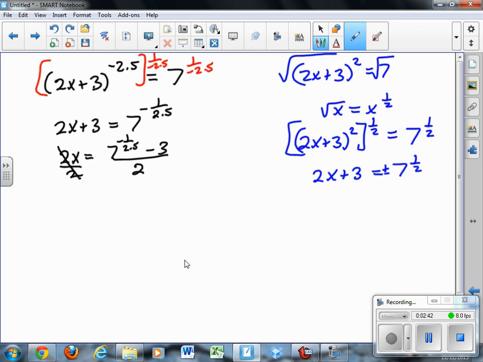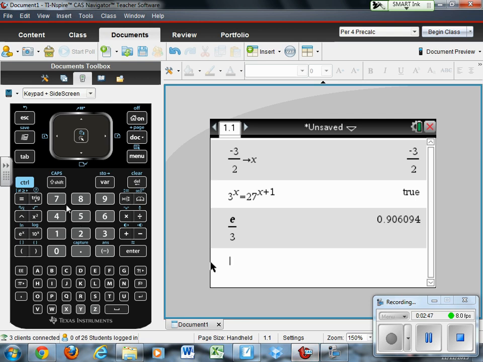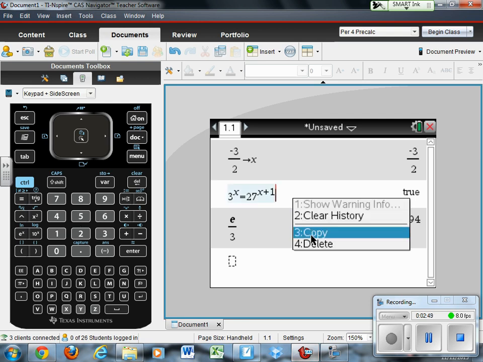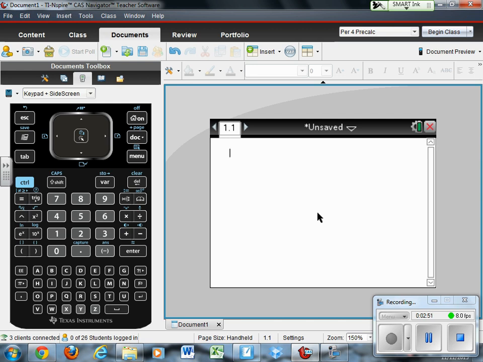Okay, so let's just do that on the calculator. I'll probably do it in some steps here. So 7, let me clear this off. 7 raised to the negative 1 divided by 2.5, or I could do 1 over negative 2.5, either one. If that makes you feel better, maybe I should do that. So let's see what number we get.